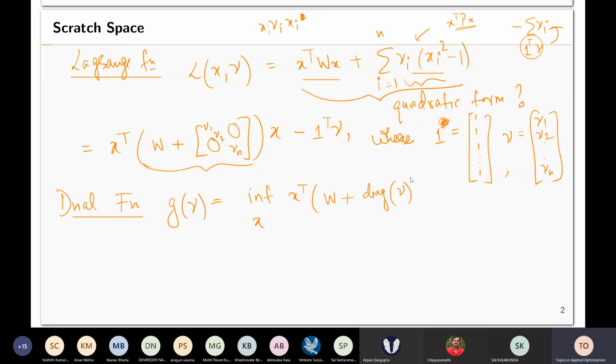Sometimes this notation is used to make a diagonal matrix from a vector. And our focus for the infimum is only here, obviously, because the other term has no x. So what is the infimum of this? Now we know that this is quadratic.